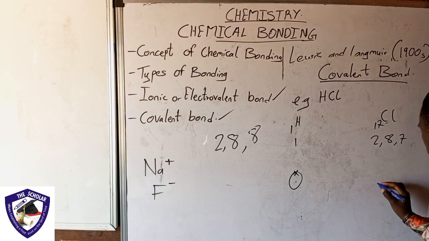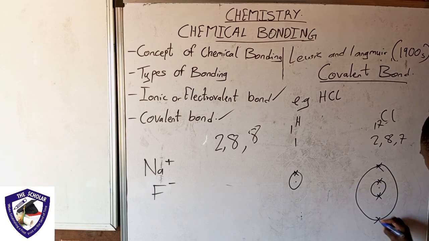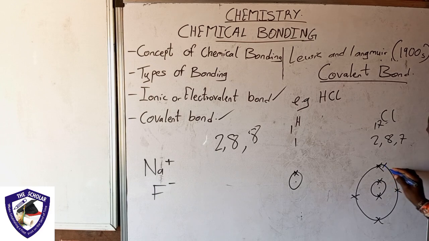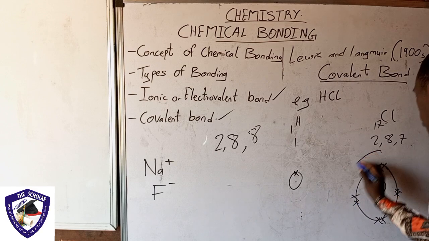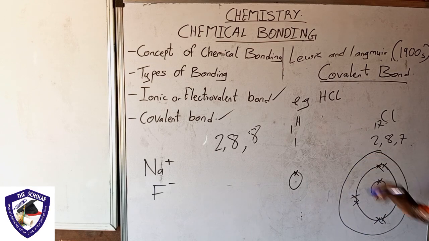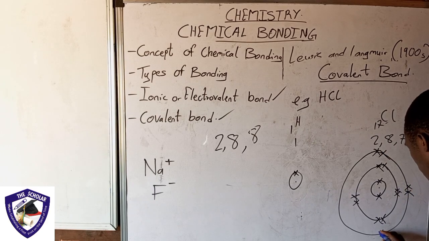For chlorine we have 1, 2, 3, 4, 5, 6, 7, 8, 9, 10. Then the outermost shell, we have 1, 2, 3, 4, 5, 6, then 7.